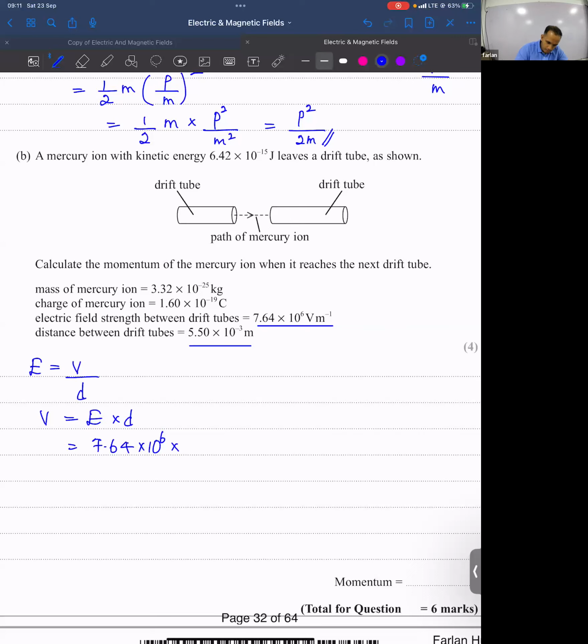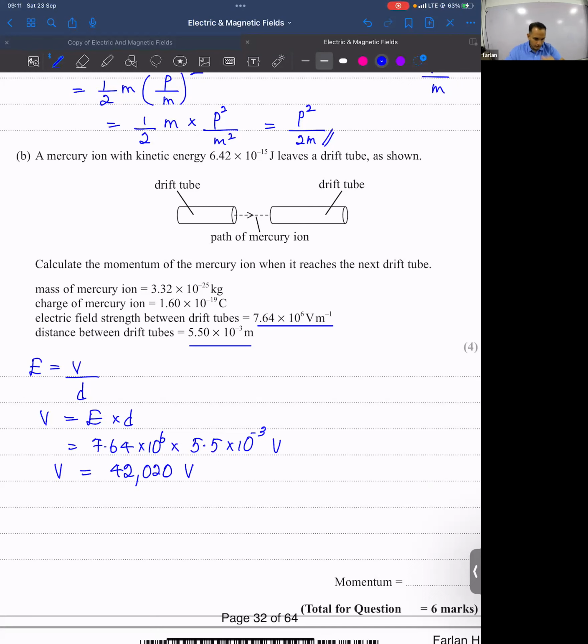The distance between them is 5.50 into 10 to the power minus 3. This will give you the potential difference between the two drift tubes. 7.64 times 5.5 is 42,020 volts, the potential difference.